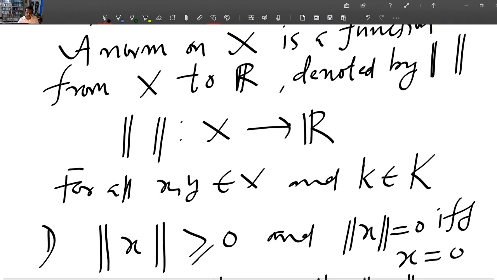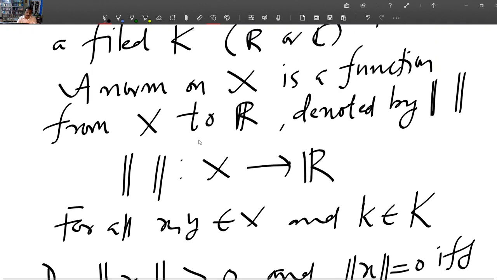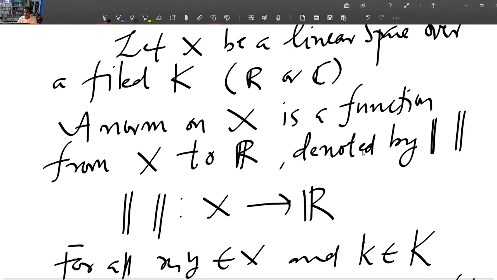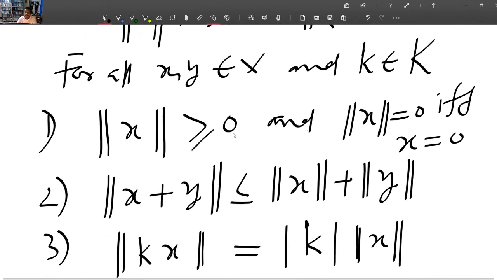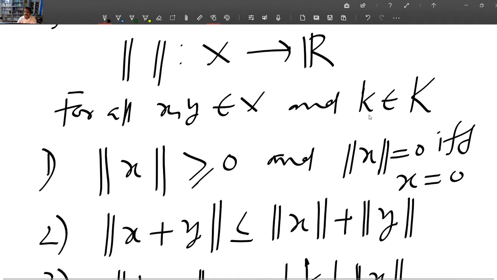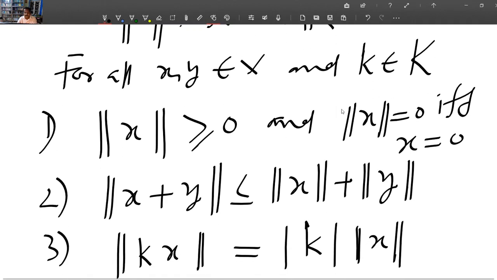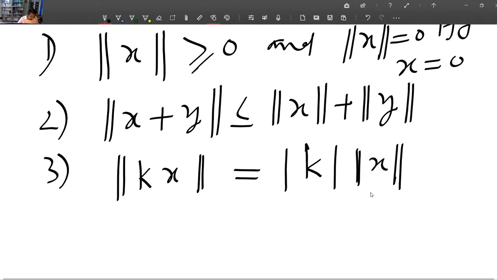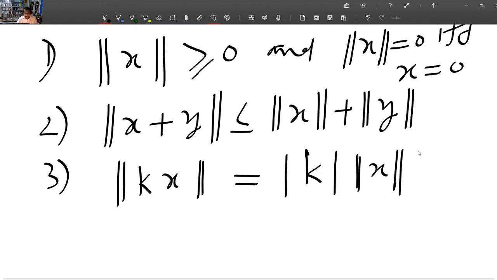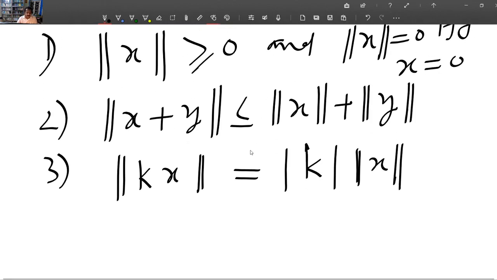So a norm on X is a function from X to R satisfying these conditions. For all x and y in X and k in K, it satisfies these three conditions. Then we say that this function is a norm. And on a linear space, if you are able to define a norm on it, then that space is called a normed space.